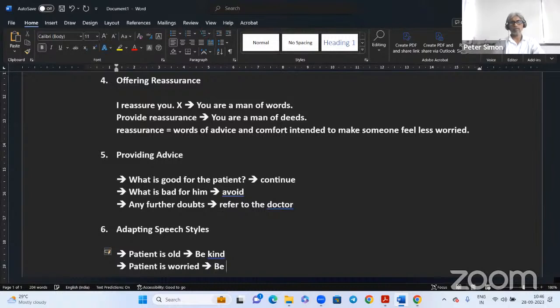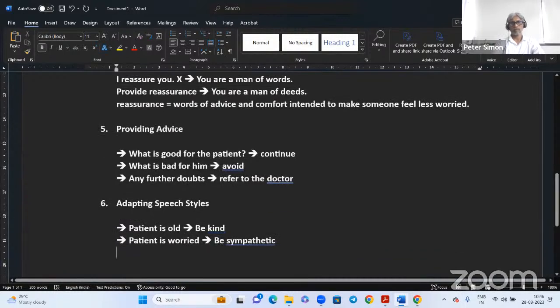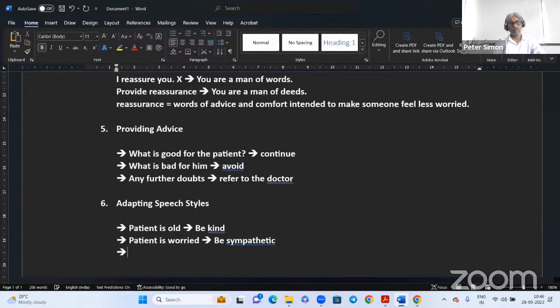Be sympathetic. Patient is reluctant. Be friendly. He's not interested, you try to be friendly with him.